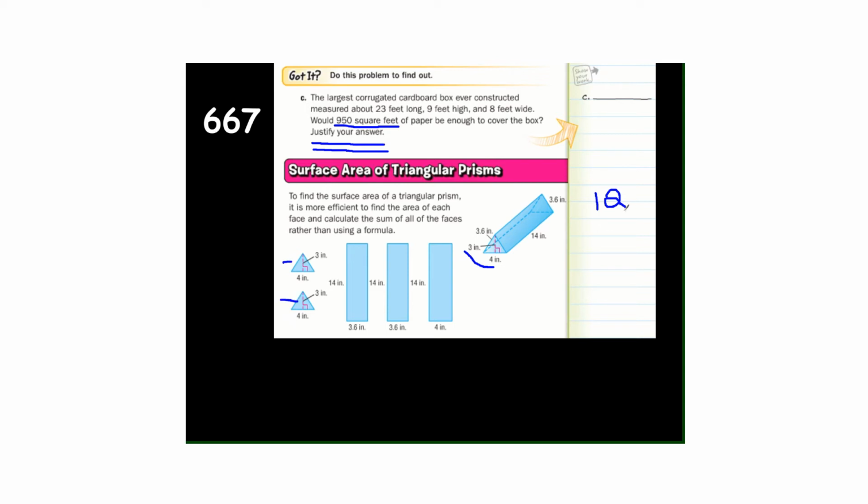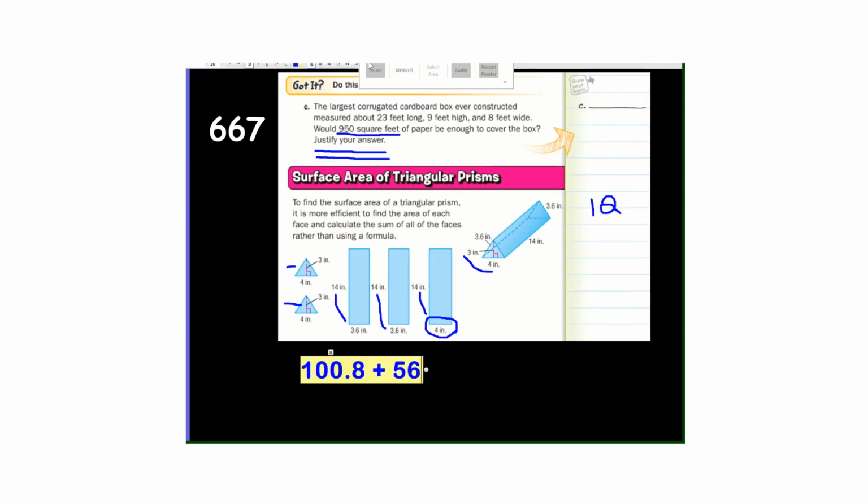So I'm just saying 12 for both triangles. Then you have 3 rectangles. You have a 14 by 3.6, a 14 by 3.6, and then be careful because this one is not the same. This one is a 14 by 4. Get the area for those and add them together. So the 14 times 3.6 is 50.4. There's 2 of them, so 100.8 for those two. Plus 56.